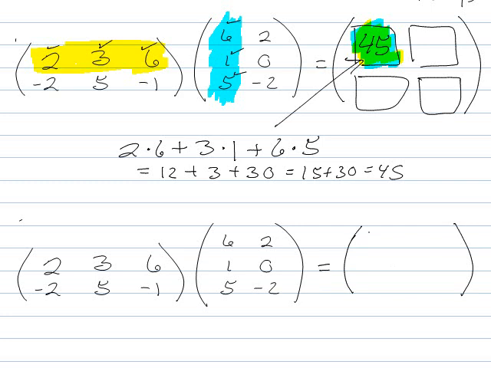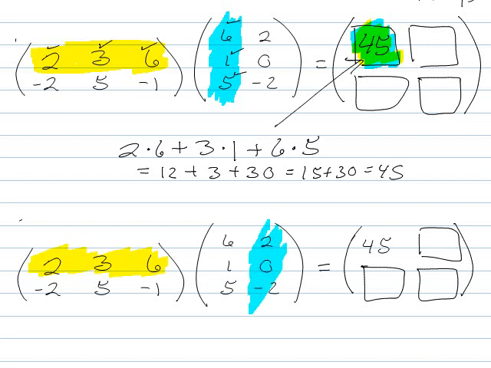Okay, so let's work on the next one. So I've got this one. Now I've got 3 more blanks. All right, let's say now I want to work on the first row of this one and the second column of this one. In fact, I'm going to color it a little different.